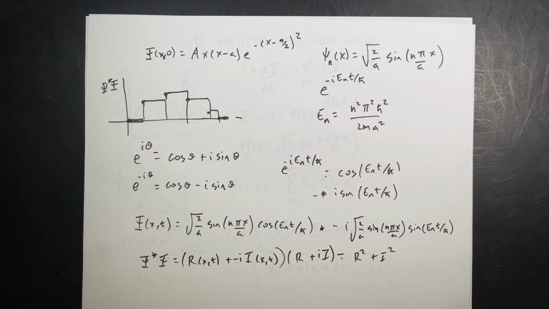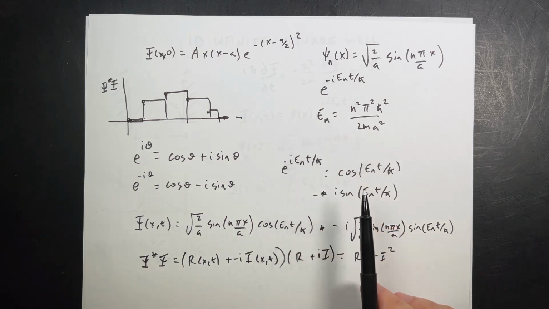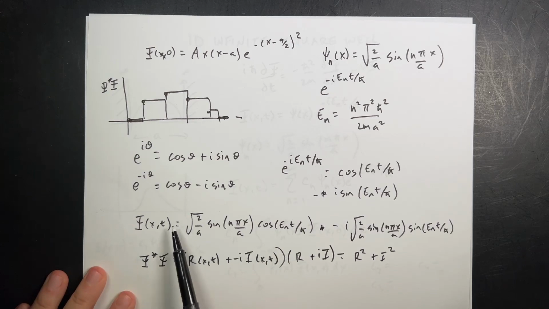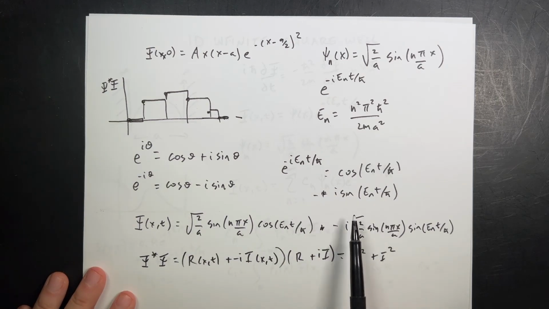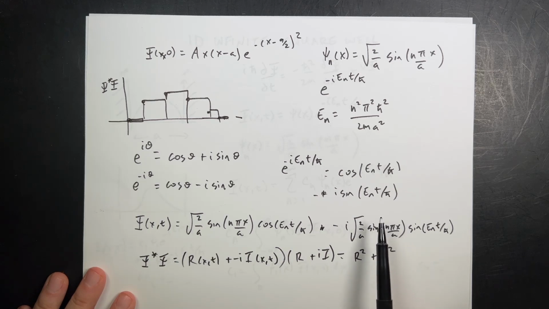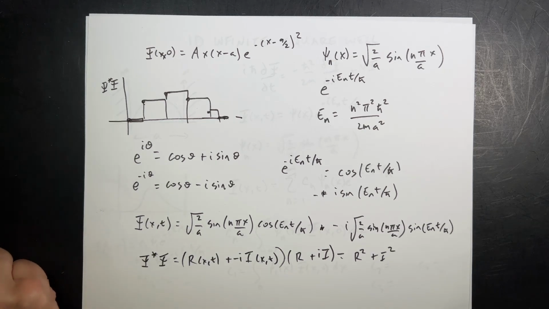And that's the part that I want, right? So I need to deal with these in two parts. I'm going to make a function for the energy as a function of n. I'm going to make a function for the real part of psi, which I'm going to call psi r. And then I'm going to make an imaginary part, psi i. And then I can square those up. I'm going to plot both of them, but that's the way I'm going to do it.